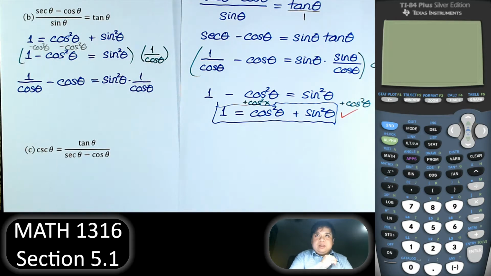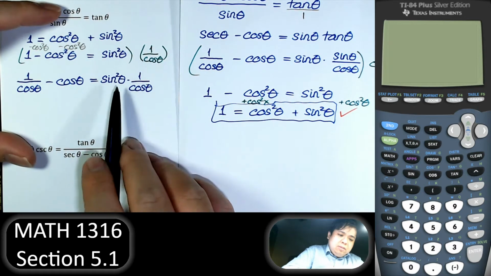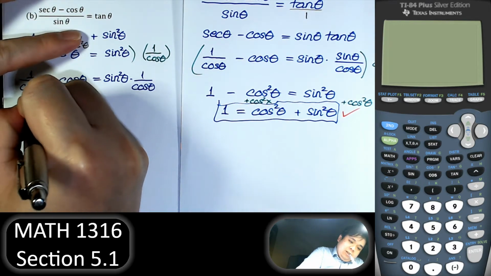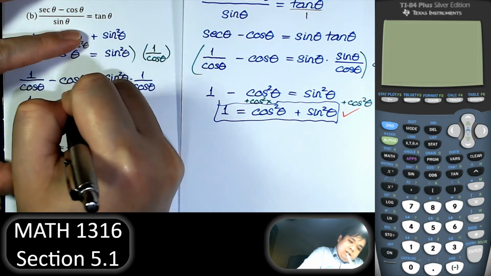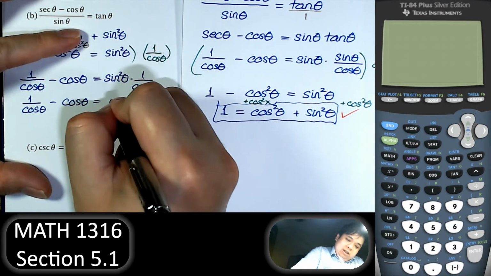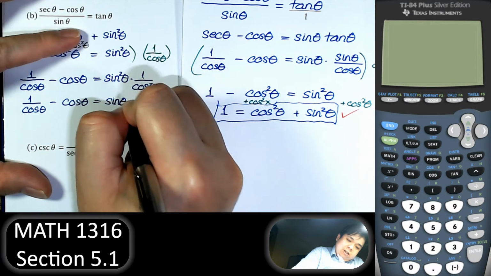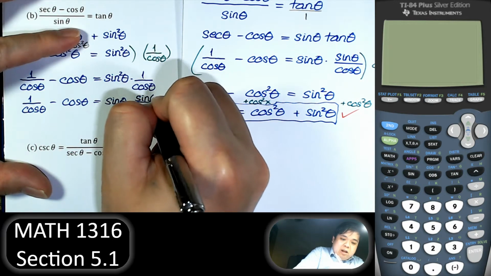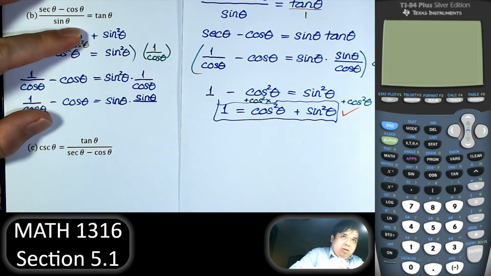Next, what we write as sine square here, we can split as sine and then sine. Sine times sine is sine square, right?